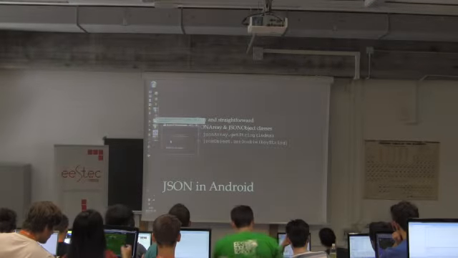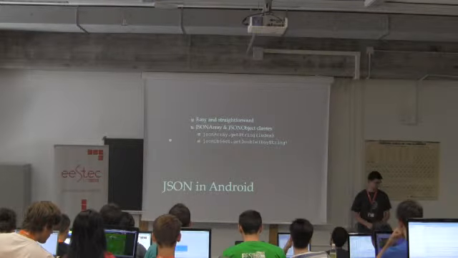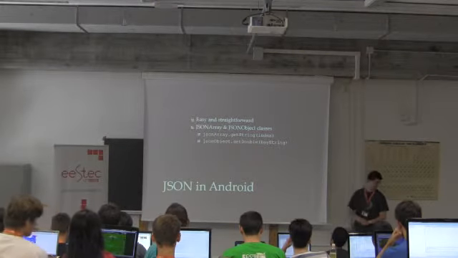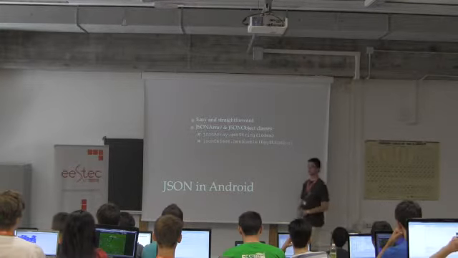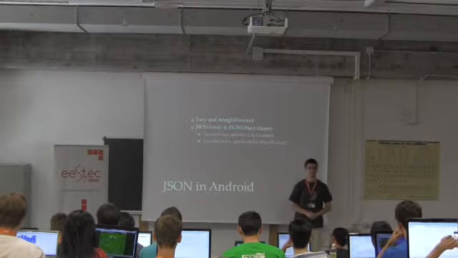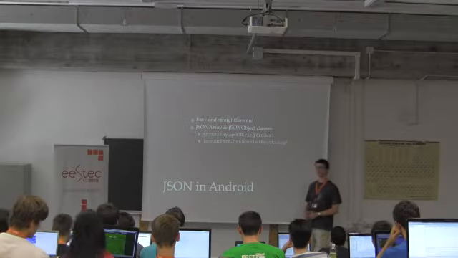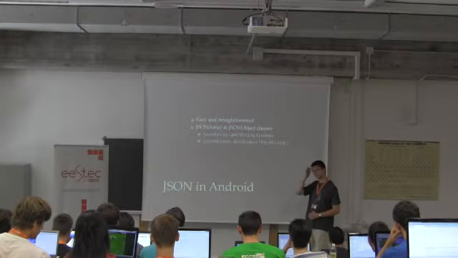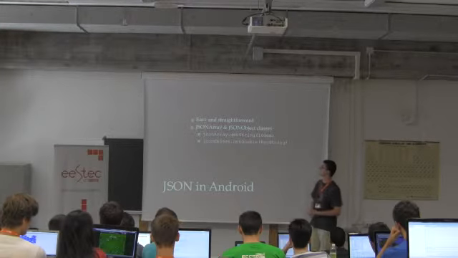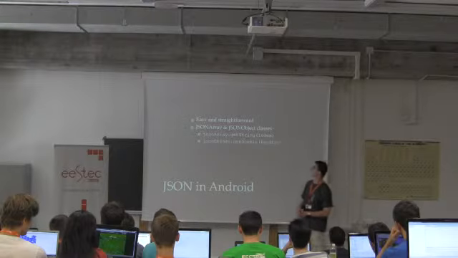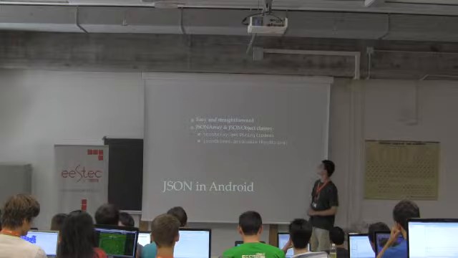We need another building block to move on with our application, and that is actual parsing of JSON. Right? It's really easy compared, for example, to XML. The parsing step itself is very straightforward. We have two classes that help us with that: JSONArray and JSONObject, which are like the equivalents of array in JSON and the dictionary object in JSON.